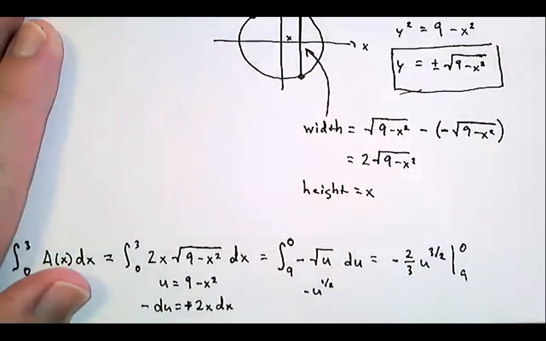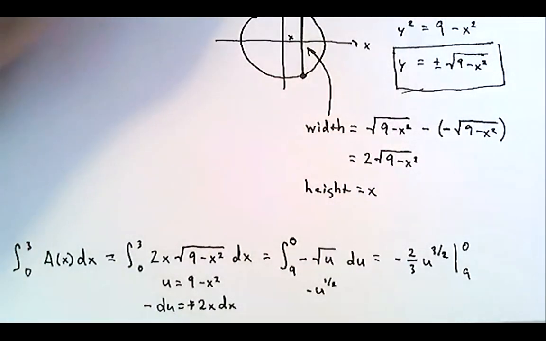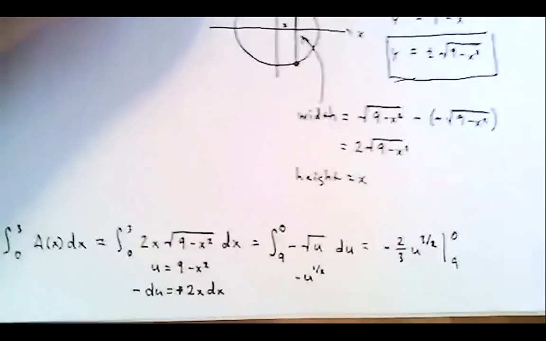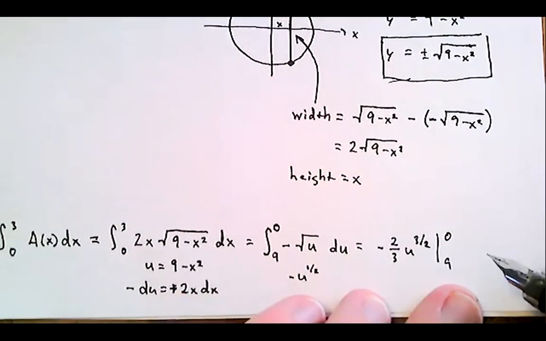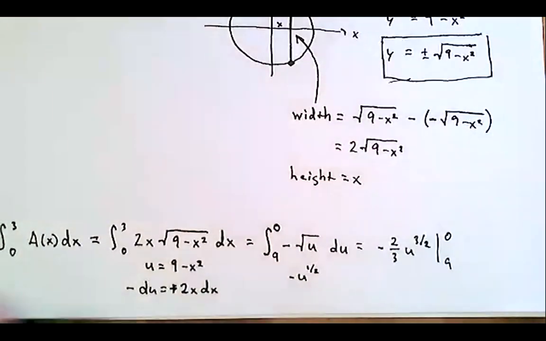So if you're a little bit rusty on how to do that, let's see, I'm running out of space down here. I'll write it off to the side in a second.